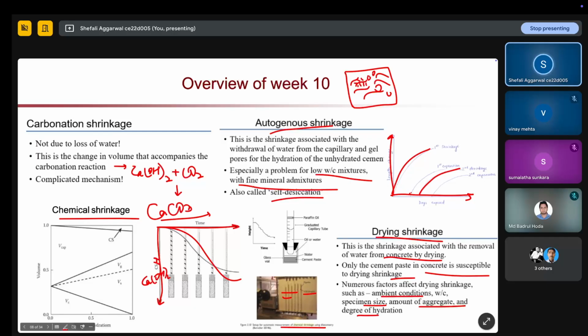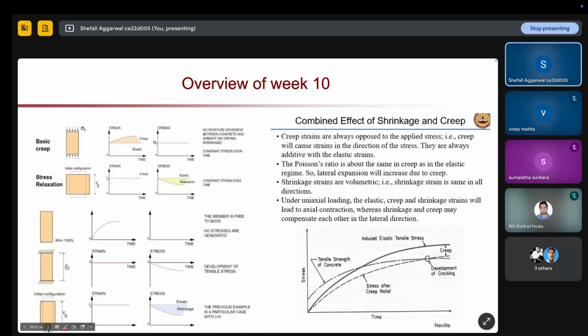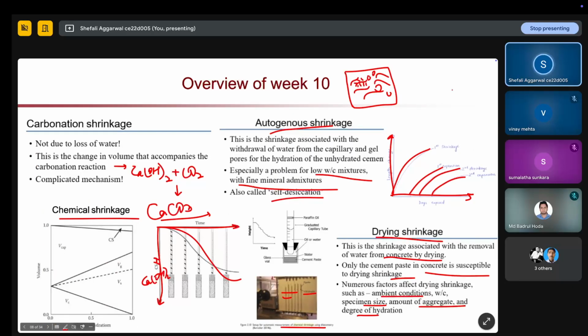In the same way, if you are expanding it, the second expansion will be an almost similar graph. This is when you are wetting and drying your specimen. When you dry it, first shrinkage happens, then you add water and expansion takes place, then again you dry it, second shrinkage, and again you wet it, second expansion.